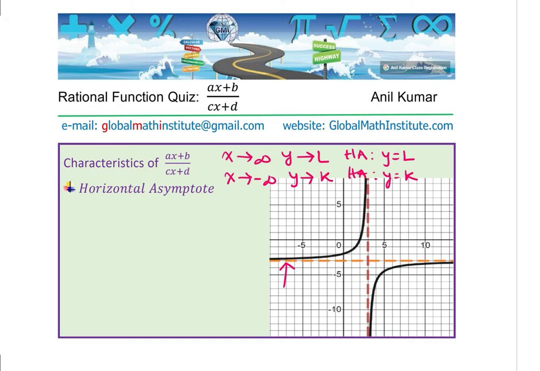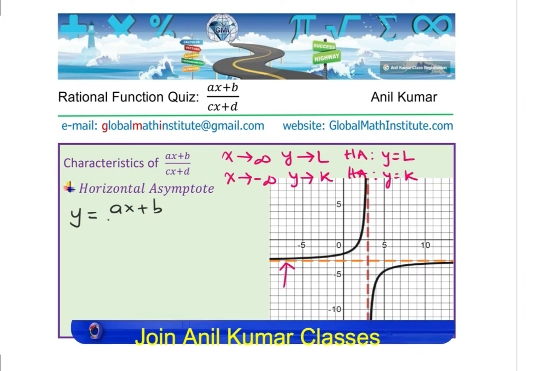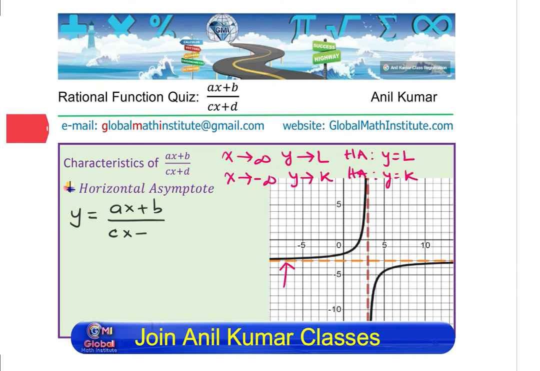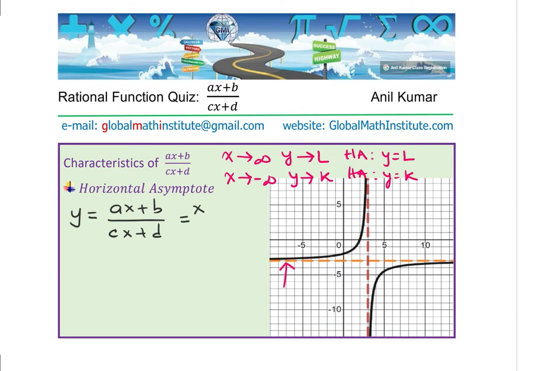Okay, now let's see how we find the horizontal asymptote in this case. So we have y equals (ax plus b) over (cx plus d). Now to find the horizontal asymptote, we can factor x out, right? So I could write this as, taking x common, a plus b over x.